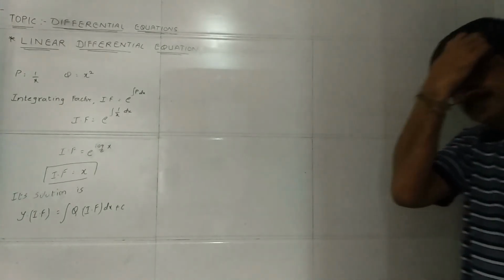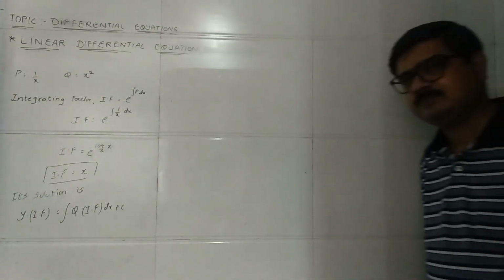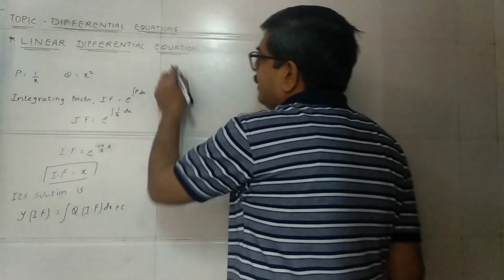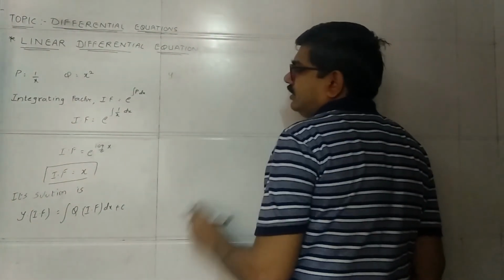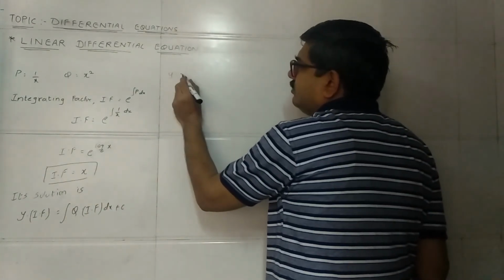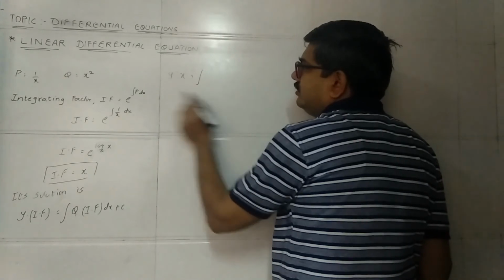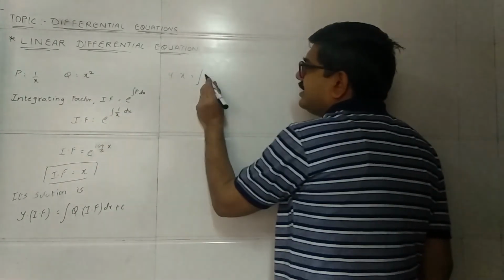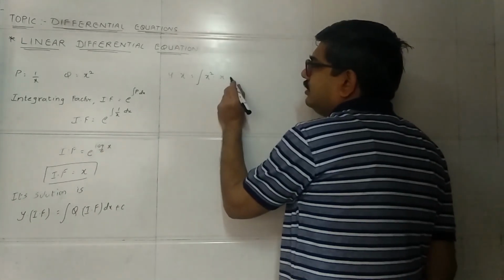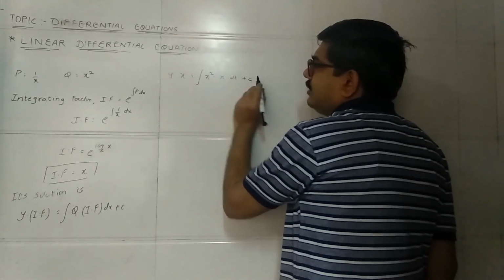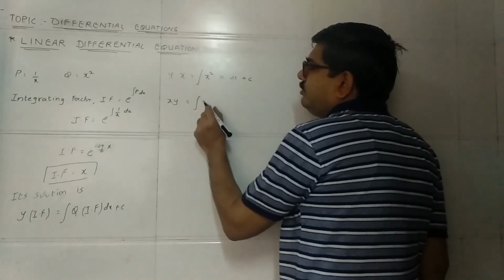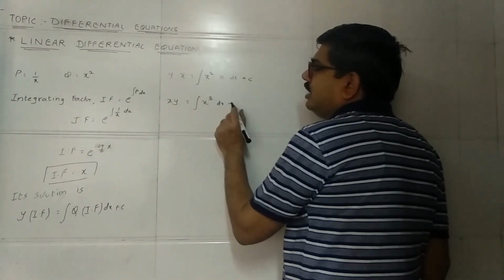So y into, what is the value of IF? IF is x. The integral of q is x squared, into again the value of IF which is x, dx plus c. So that is xy is equal to integral x square into x is x cube dx plus c.